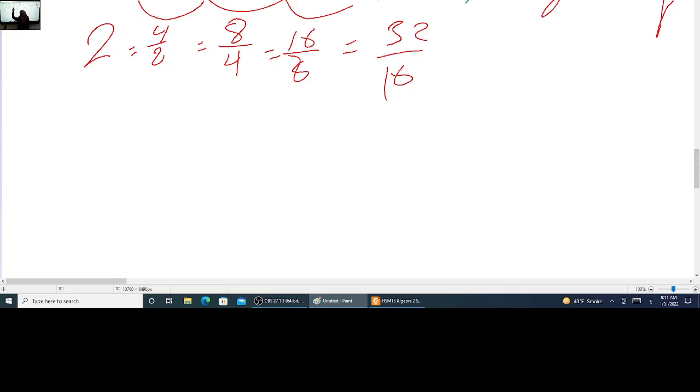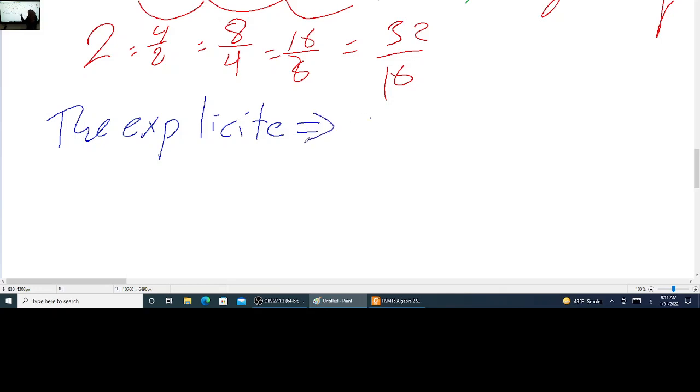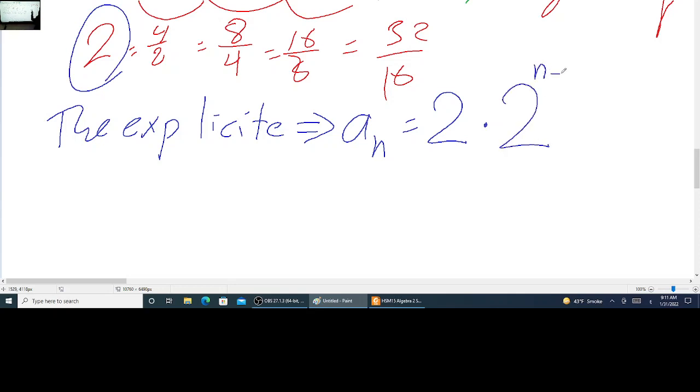The explicit definition of this sequence is an equals 2, which is a1, times r, which is also 2, to the power n minus 1.